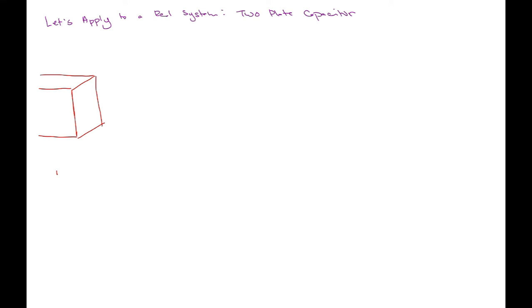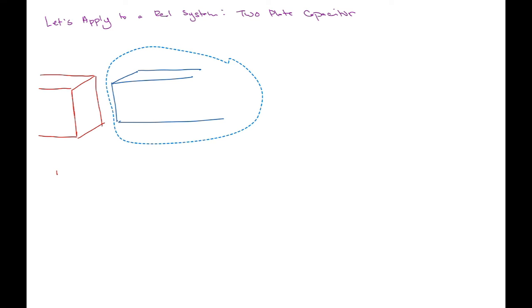Okay. And I'll do another one, like that. Cheat a little bit here, get rid of these guys so it looks like a surface. Just bigger.